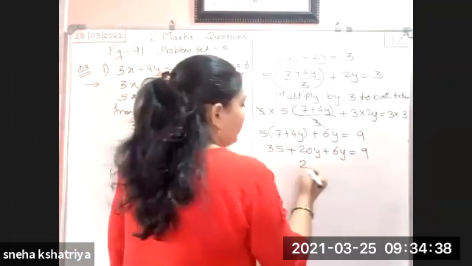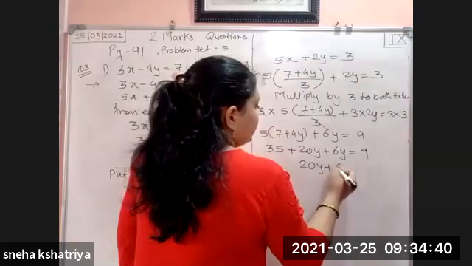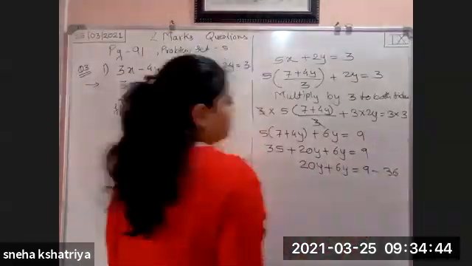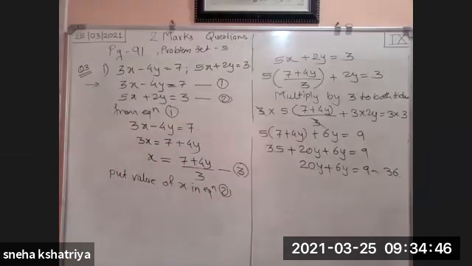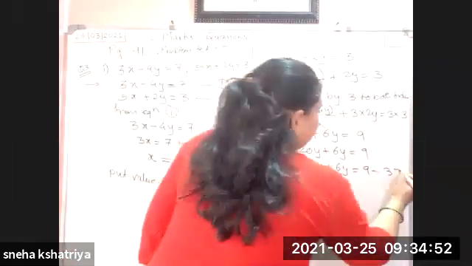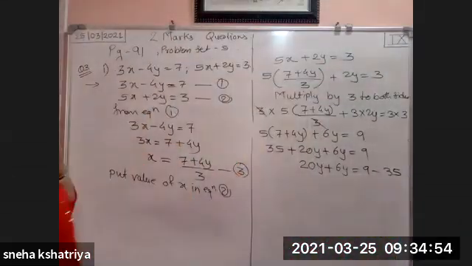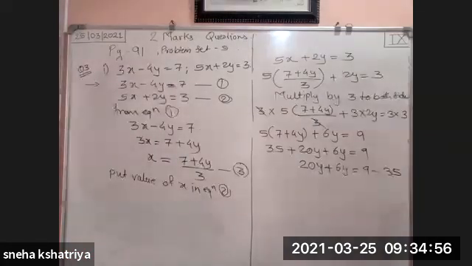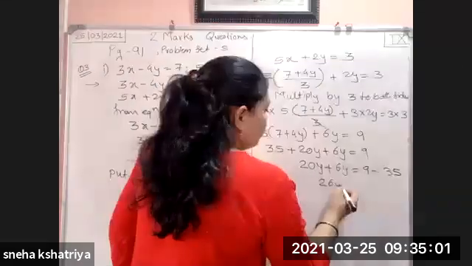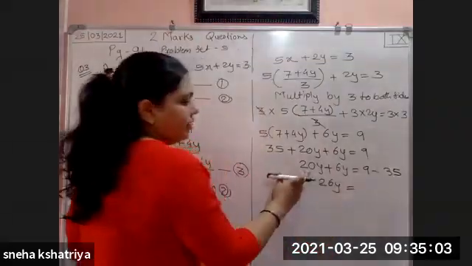So this will become 20y plus 6y, which is equal to 9 minus 35. So this is 20y plus 6y. This will become 26y.